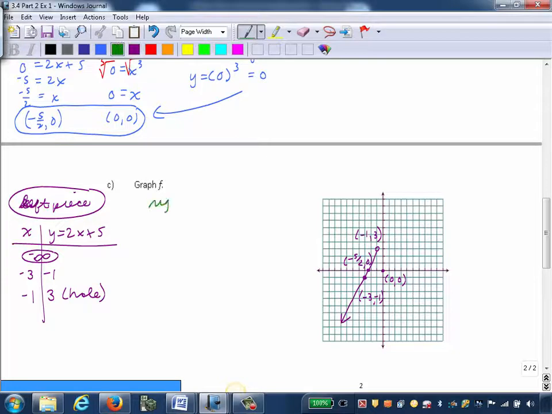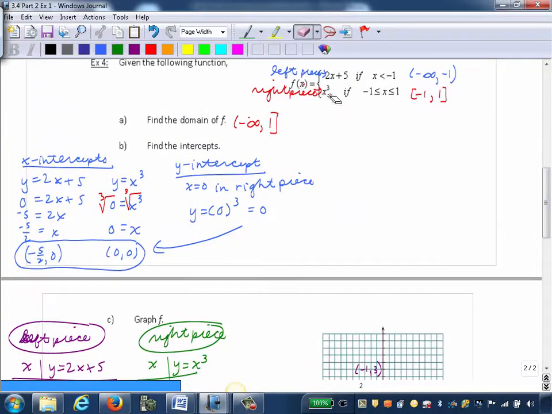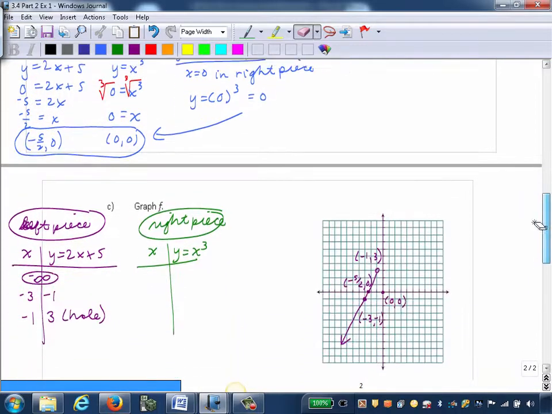Now I'll go to my right piece. When I make my xy table, we know that the right piece is defined by the function x cubed, so I'll have my x and then y equals x cubed.